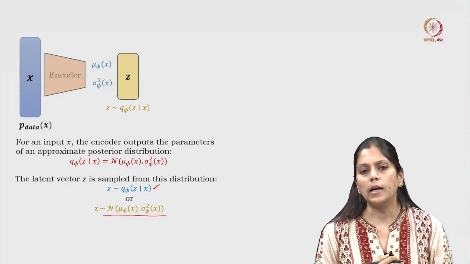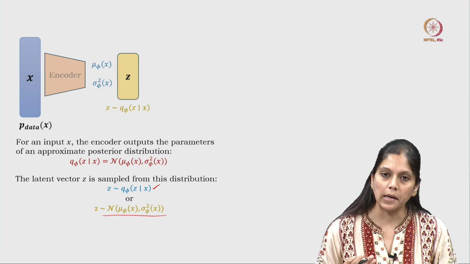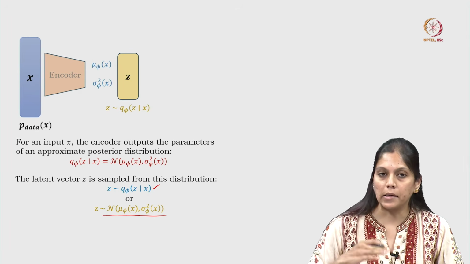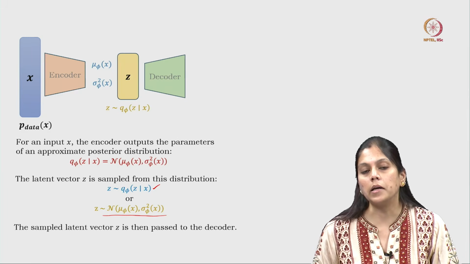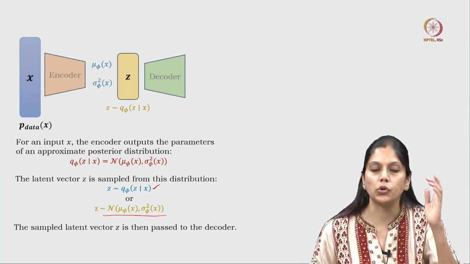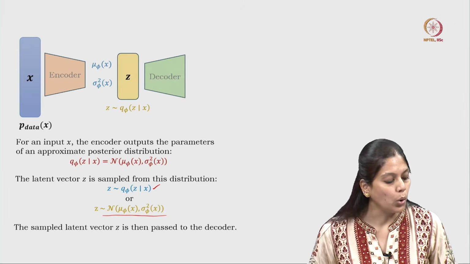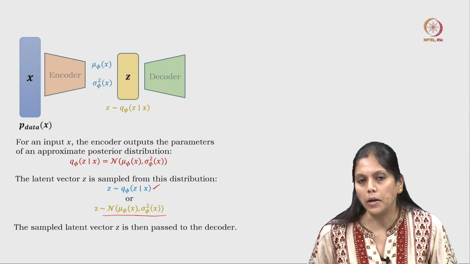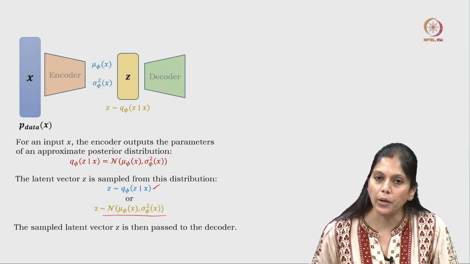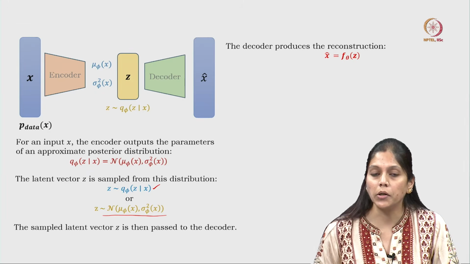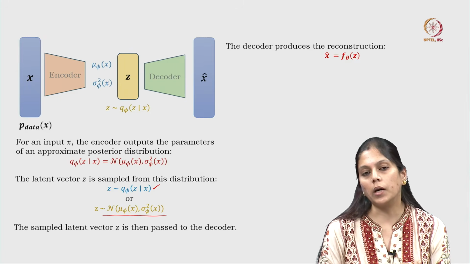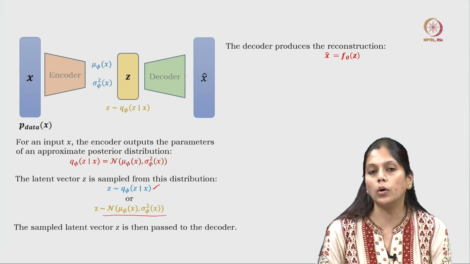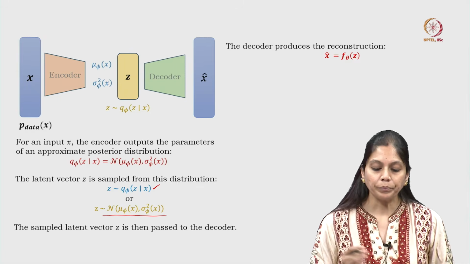Once Z is sampled, what is the next step? You will pass Z to a decoder. Z, which is the latent space, is then passed to the decoder. What is the role of the decoder? The decoder has to reconstruct; it has to give us the output, which we call the reconstructed data, or we say the decoder has generated the data.